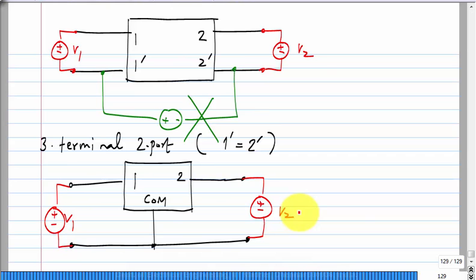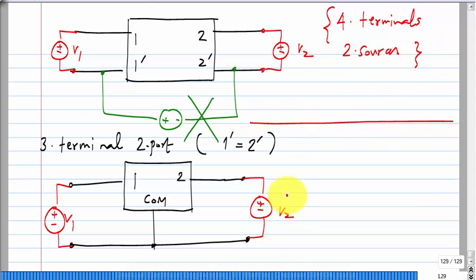So there is no such ambiguity. Things will be a lot more well defined in this case.